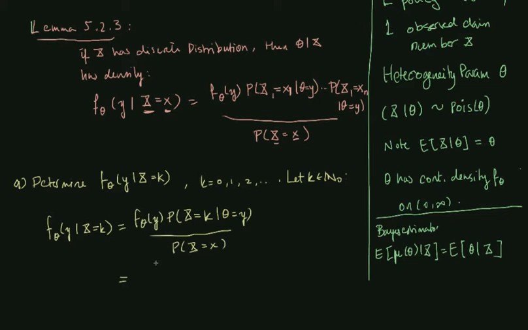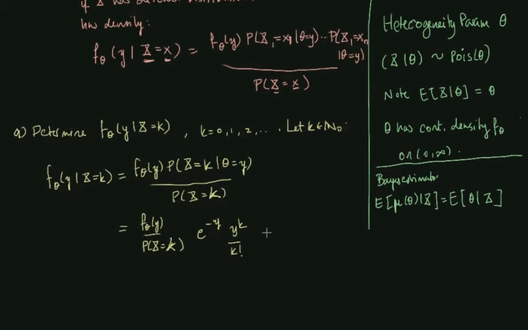Then what we have is f theta of y divided by the probability that x is equal to k, sorry, this should be k, multiplied by the Poisson distribution with parameter y's point probability in k. So that is e to the minus y, y to the k, divided by k factorial. And there we are done with this part of the exercise.